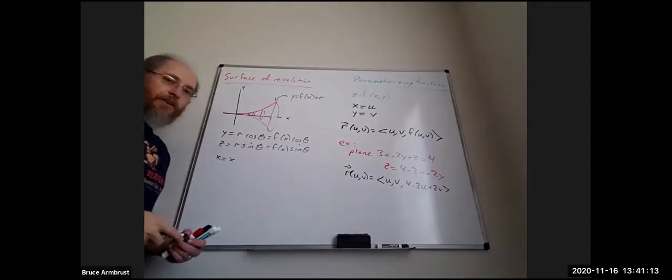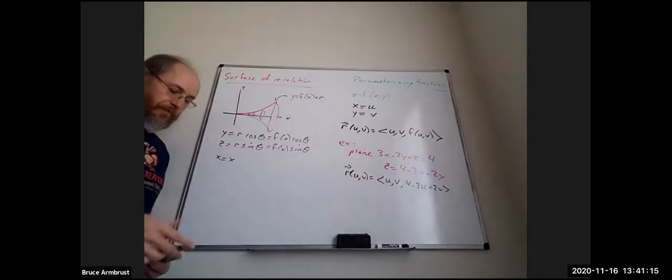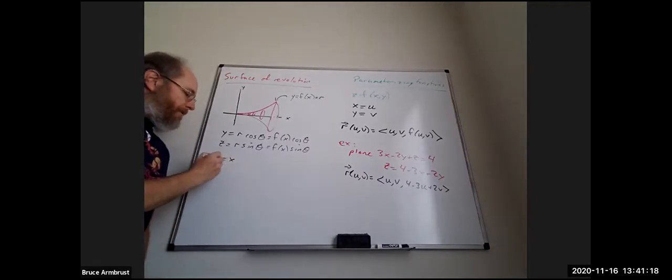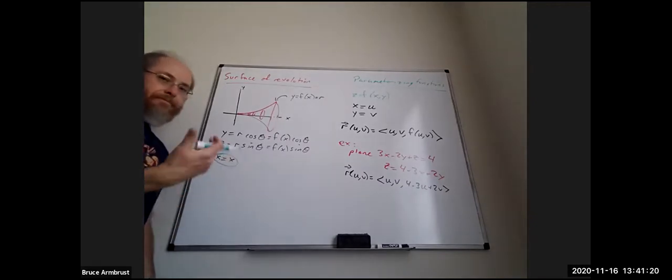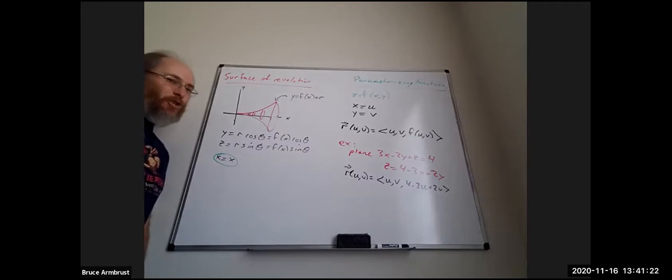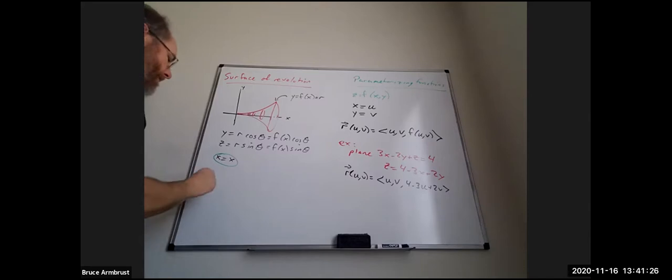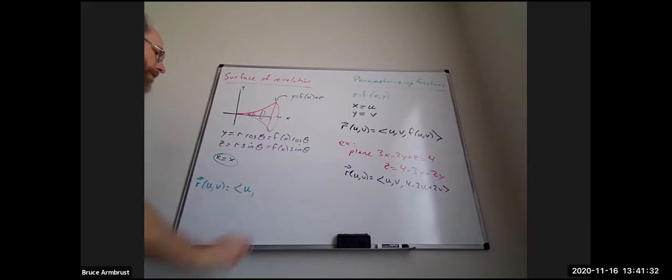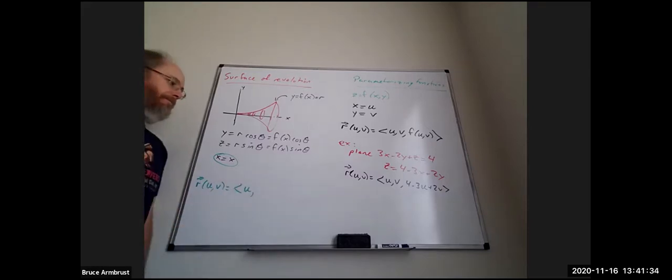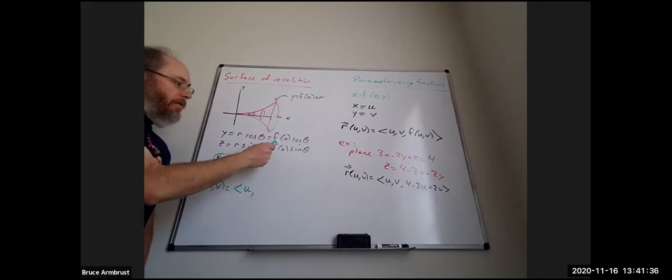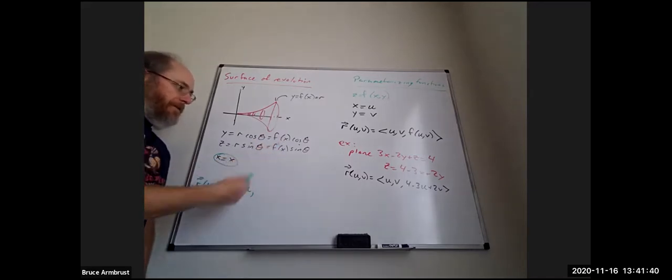All right, so we've got to get our two parameters now. Well, one of the parameters is going to be the x. We can let that equal u. So what I'm going to do here for my r of u, v is I'm just going to let x equal u. So then for y and z, obviously x is one of the parameters, so that's going to be u.